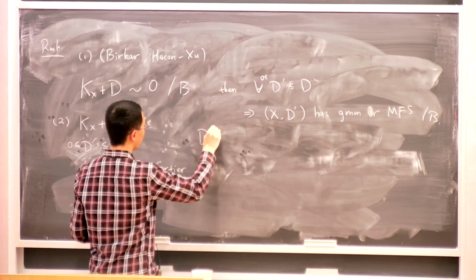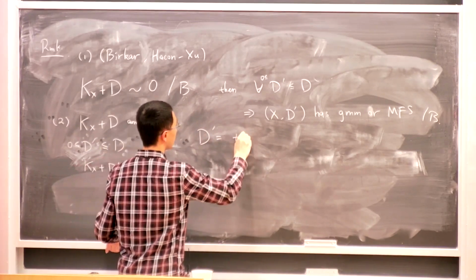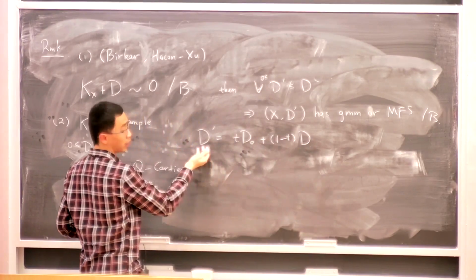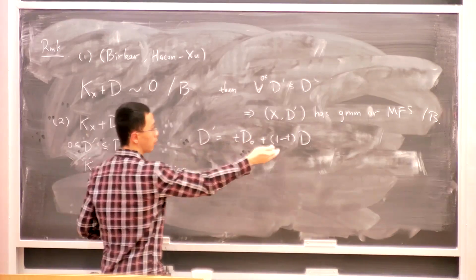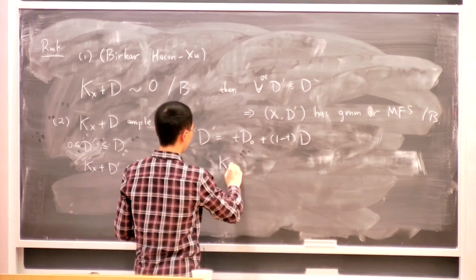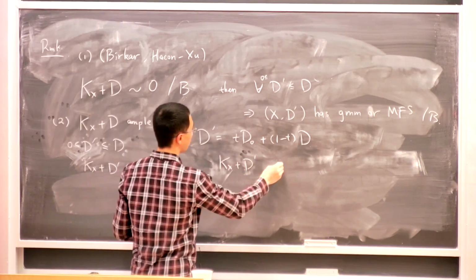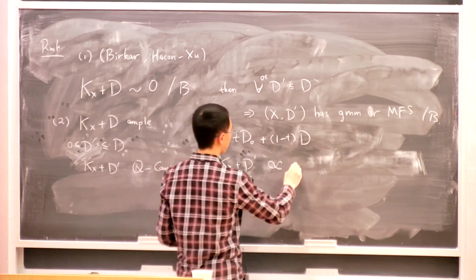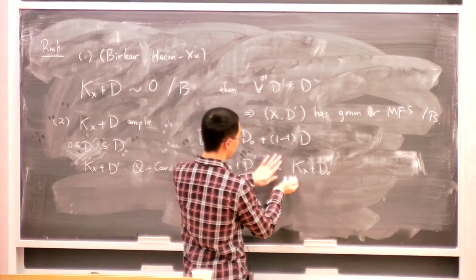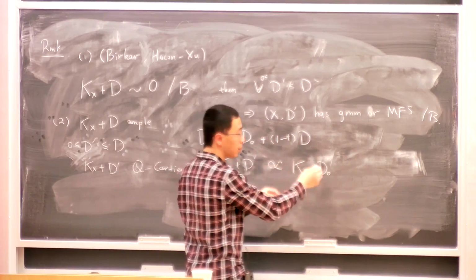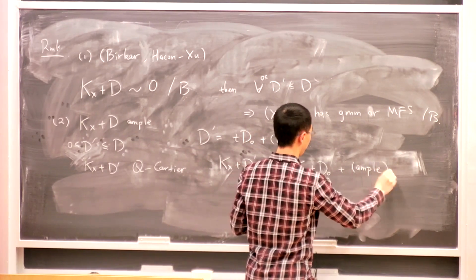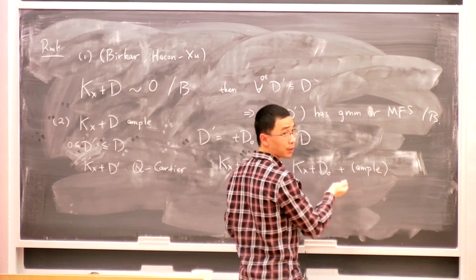in this case, you can always write D' as a convex combination of some D_0 and the original D. Because I assume that the coefficients are not 0, you can always draw a line between D and D' and continue. Because of this, K_X + D' is basically a convex combination of K_X + D_0 and K_X + D, but the other part is ample, so it's basically a log canonical pair plus something ample.